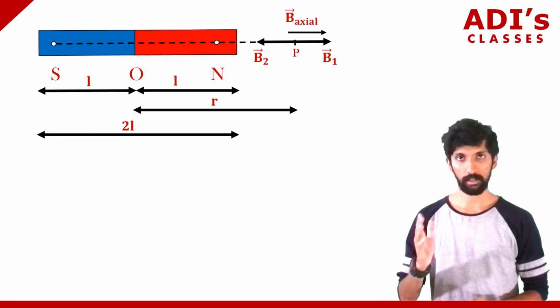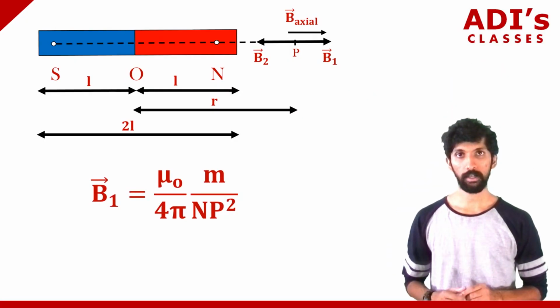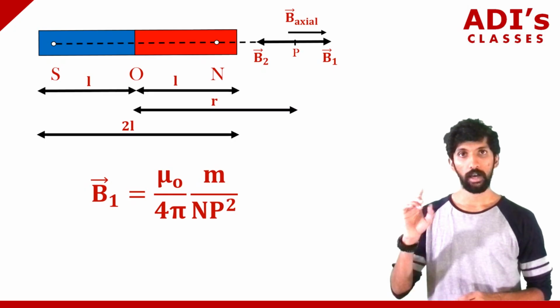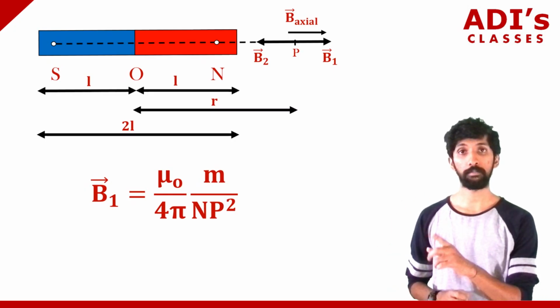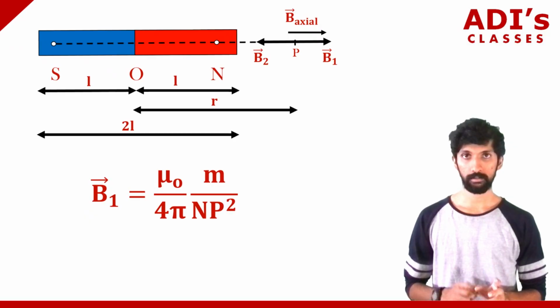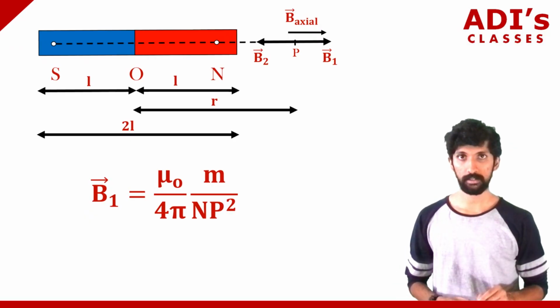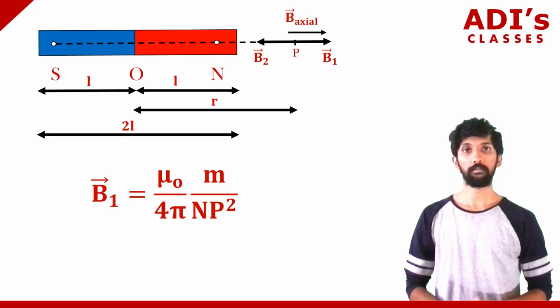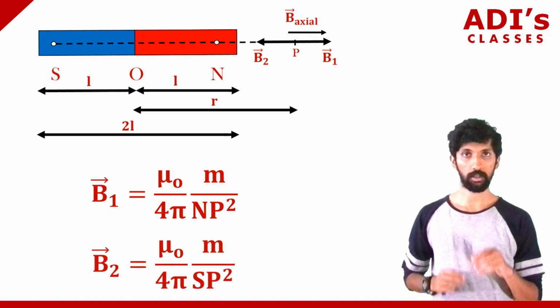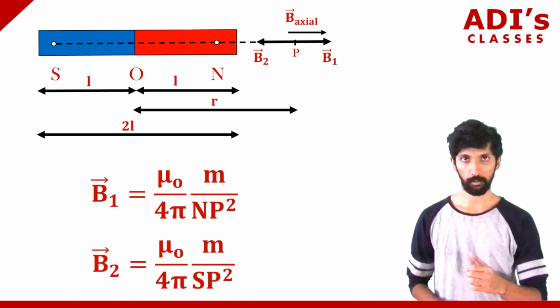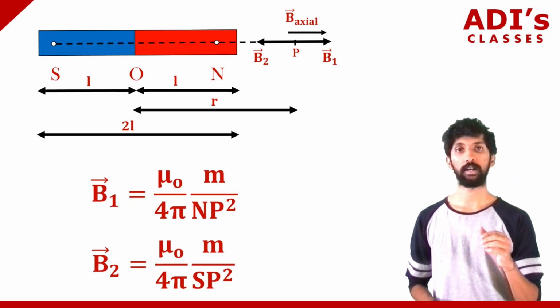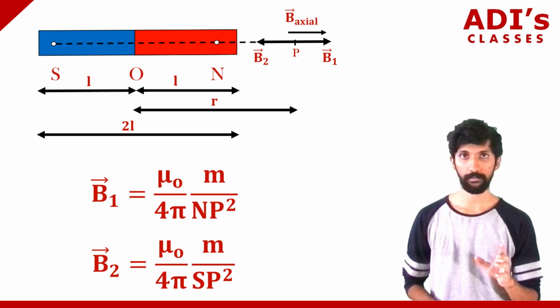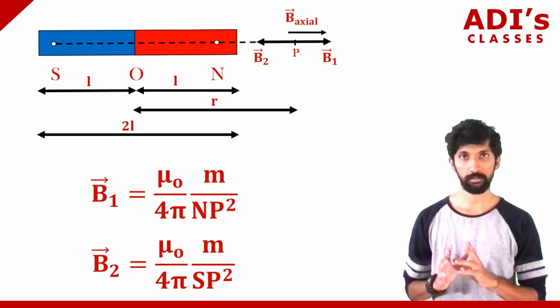So B1 is equal to mu naught by 4 pi into m divided by NP square, because NP is the distance. Same thing from the south pole, B2 is equal to mu naught by 4 pi into m divided by SP square. So you have these two.